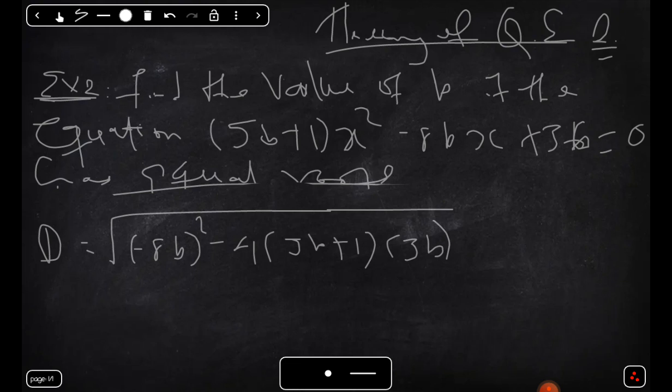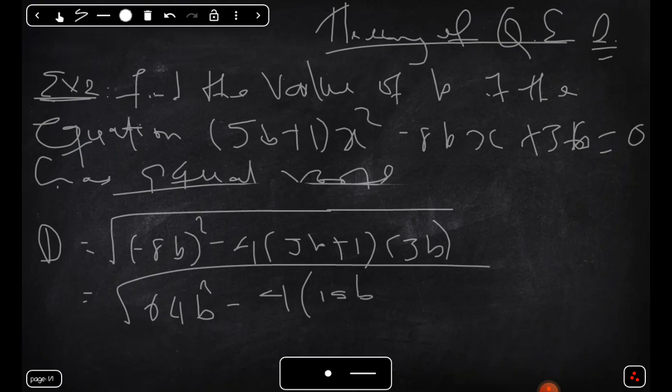Now we simplify it. We have 8 squared is 64b squared, minus, if you open this up, 4 into 3 times 5 is 15b squared plus 3b.